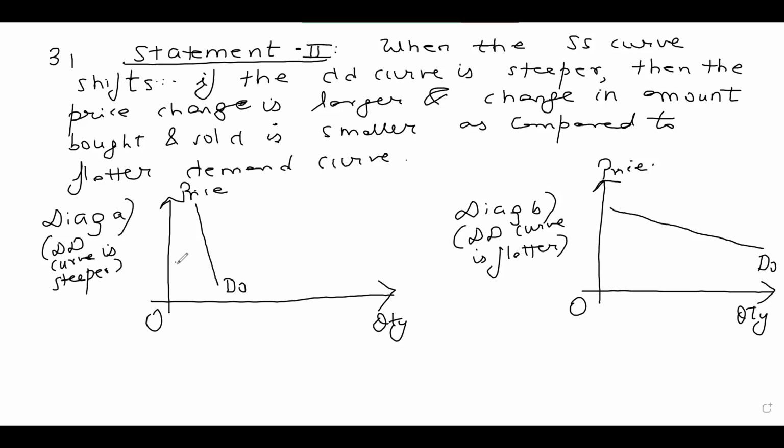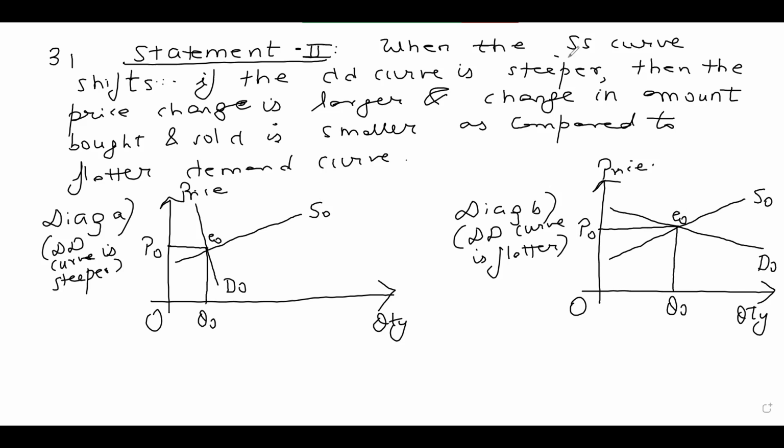Both the diagrams have a normal upward sloping supply curve. These are my initial price and quantity combinations in both the diagrams. Initial equilibrium E0 in both the diagrams.